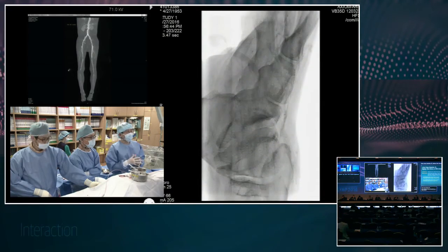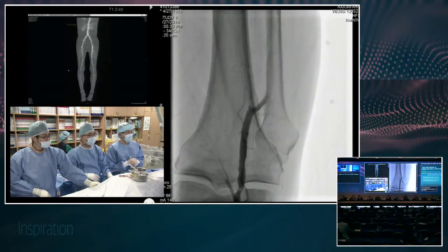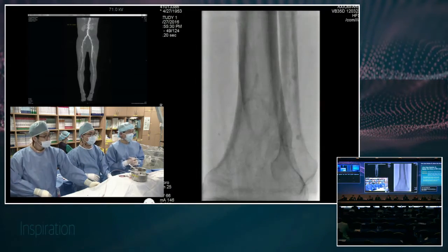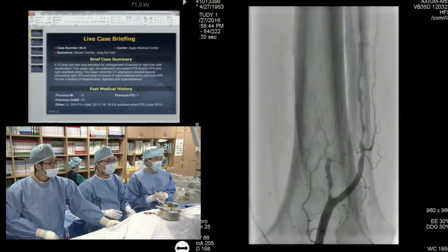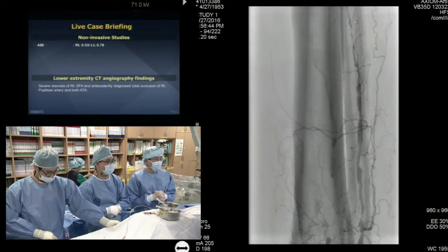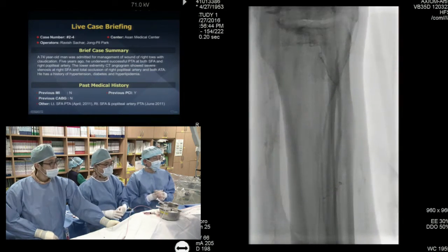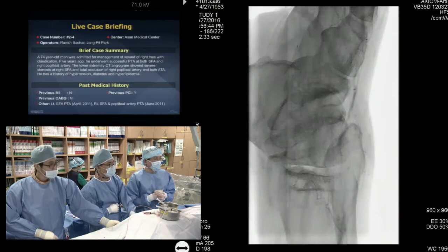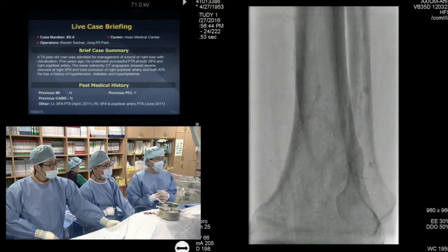So can I have the first picture today? Yeah, there is a very diseased ATA and occluded peroneal arteries and also occluded posterior arteries. As you can see, there is some nice small channel or connection at the ATA mid part, and finally you can see the dorsalis pedis.